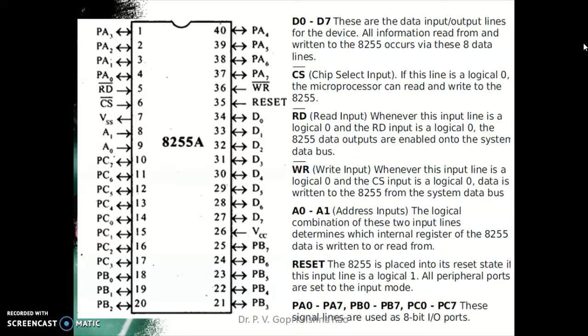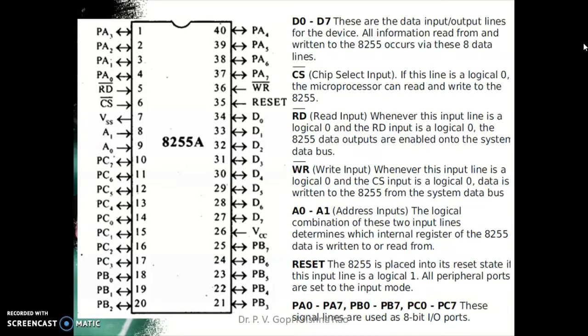Chip select, an active low signal, is an input to the 8255. Whenever the signal goes low on this line, the 8255 is enabled. So, this signal can be used from the microprocessor side to trigger whenever the microprocessor wants to make use of the 8255.